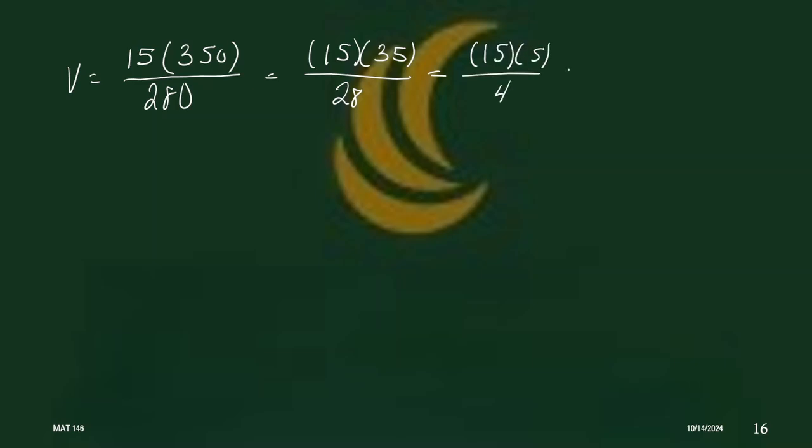What's 15 times 5? 75. 75 quarters cubic inches would be the volume.